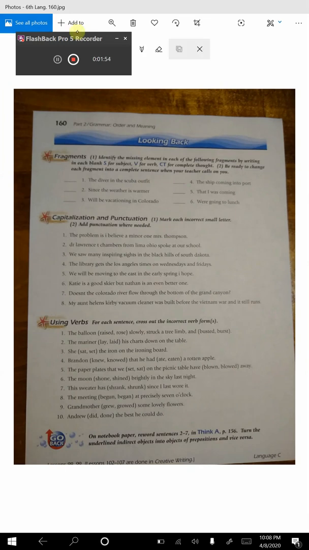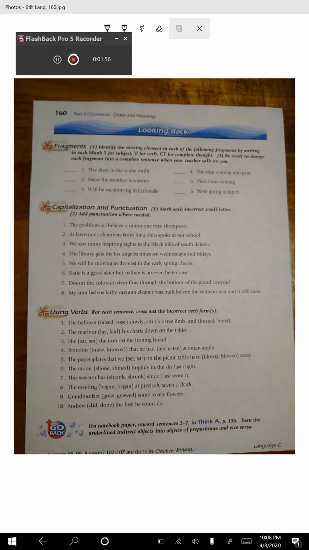Identify the missing elements of the following fragments by writing in each blank subject, verb, or if it's a complete thought. Let's do this one together. Okay? All right. So the diver in the scuba outfit.